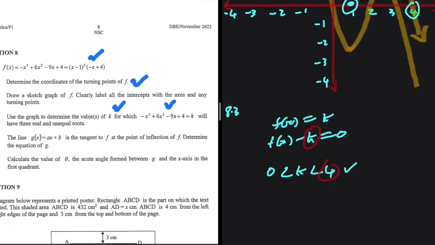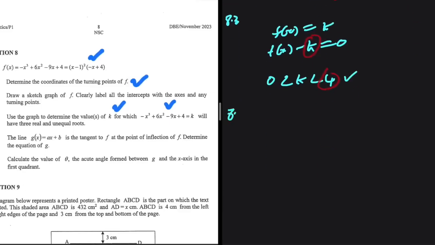Let's move to 8.4. In 8.4, the line g of x is equal to ax plus b is the tangent to f at the point of inflection of f. Determine the equation of g.